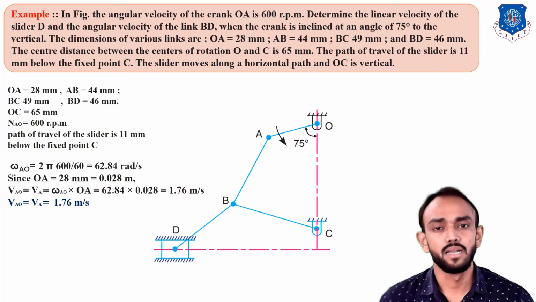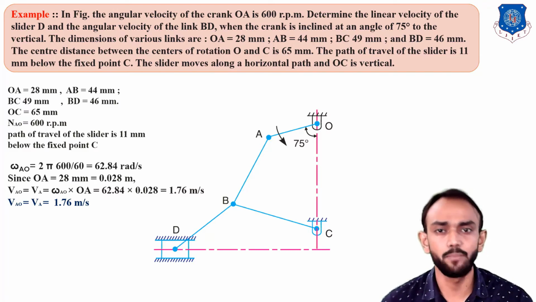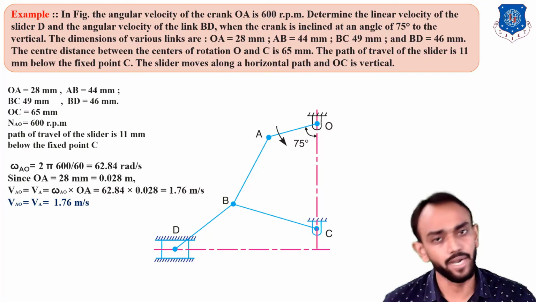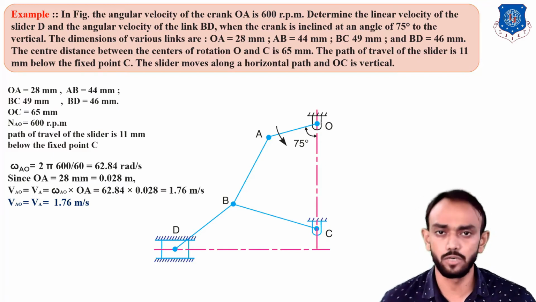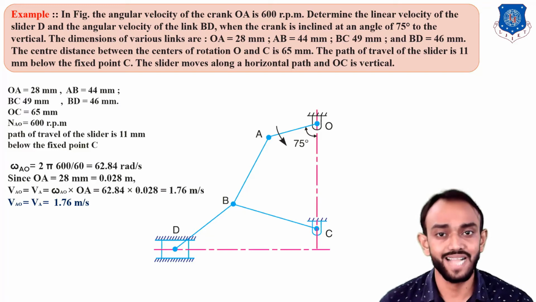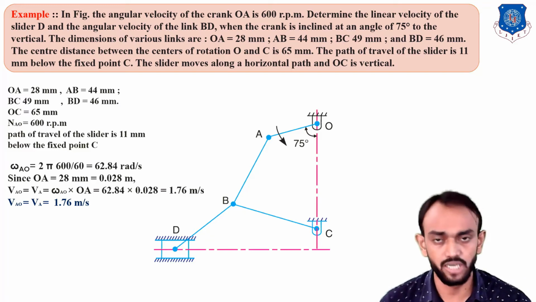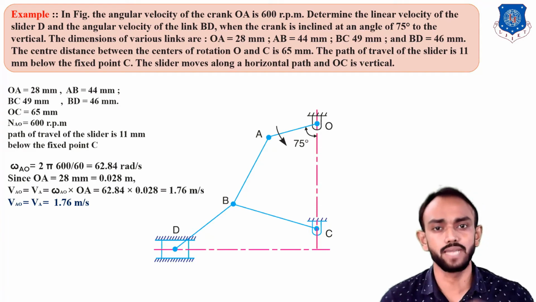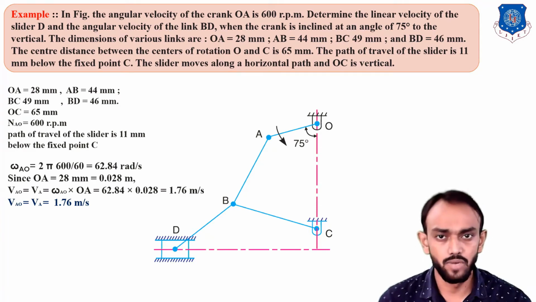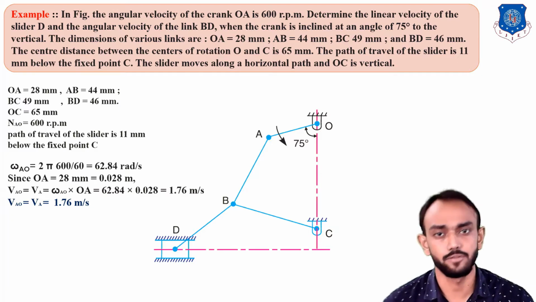Second: the velocity of any point on a link will be perpendicular to the link. So direction will always be perpendicular to the link. Third: a slider always passes through the origin point. And fourth: for any point on a link, if you want to find its velocity, you will use the ratio of the space diagram and velocity diagram. Okay, so let's start this.